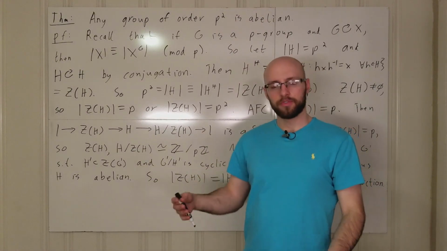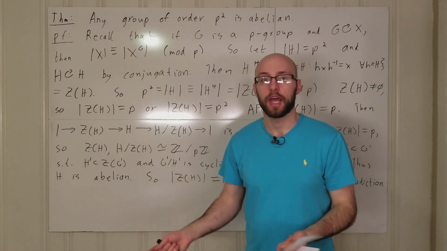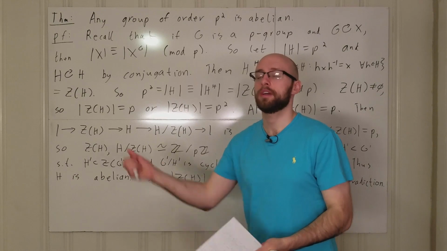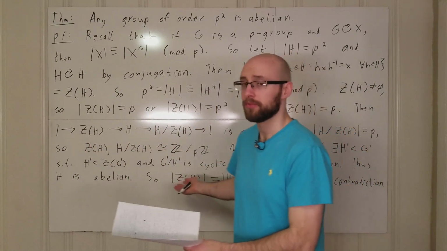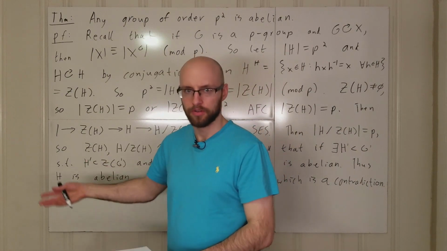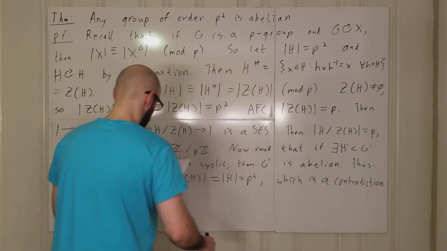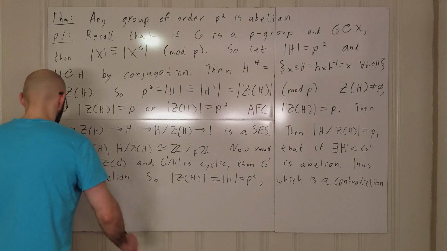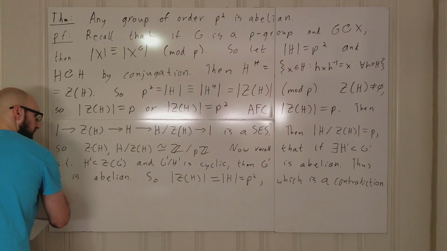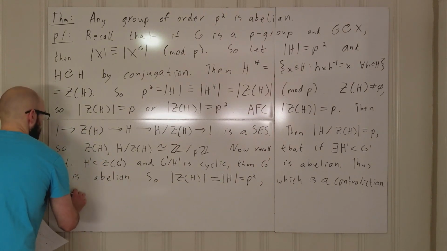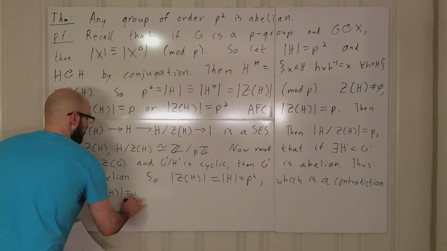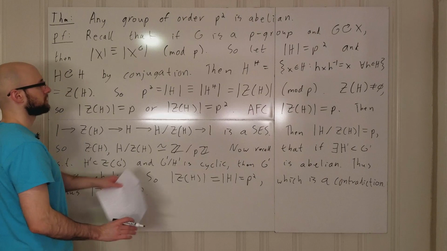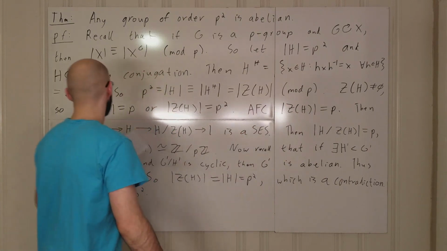It's generally a good rule of thumb that if you have a proof by contradiction that could be just a direct proof, then the direct proof is generally going to be a much nicer, cleaner proof. I don't think that this is one of those scenarios. So anyways, we have a contradiction. Thus, the center of H must be p squared, because we assumed for contradiction that it's p.